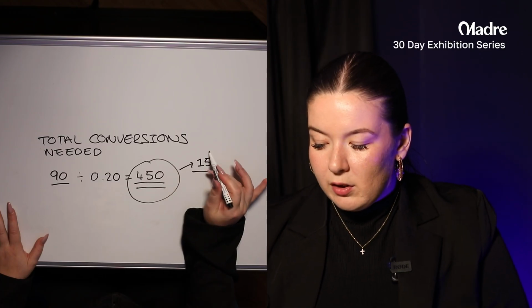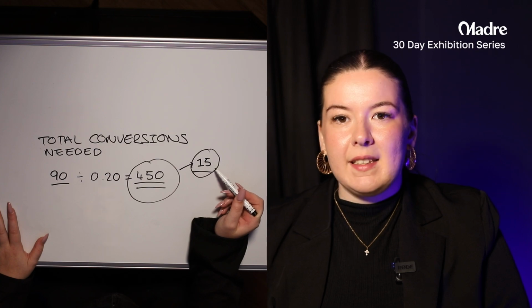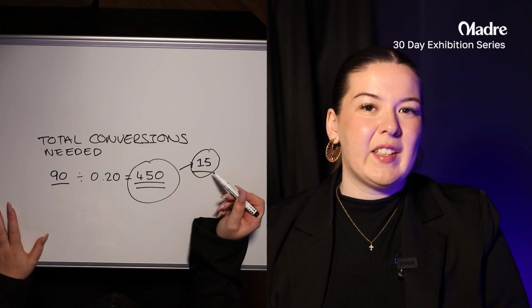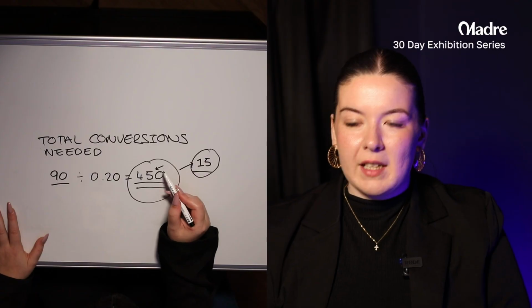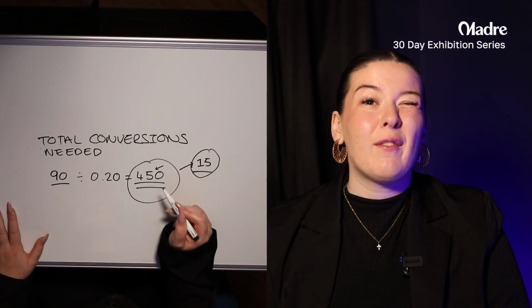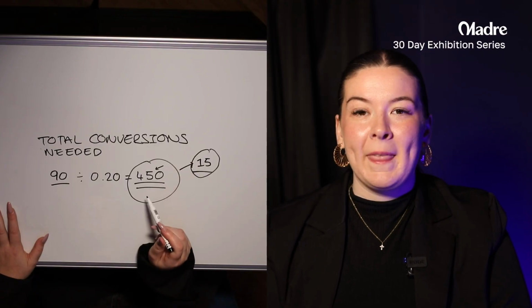So during the exhibition, the ADAS guys are going to need to have 450 conversations so that they can have 15 sales. Now, when we look at this 15 number, it can seem very easy. It can seem like a walk in the park. However, when we look at the fact that we actually need 450 conversations to go through, then it can get a bit more intense.